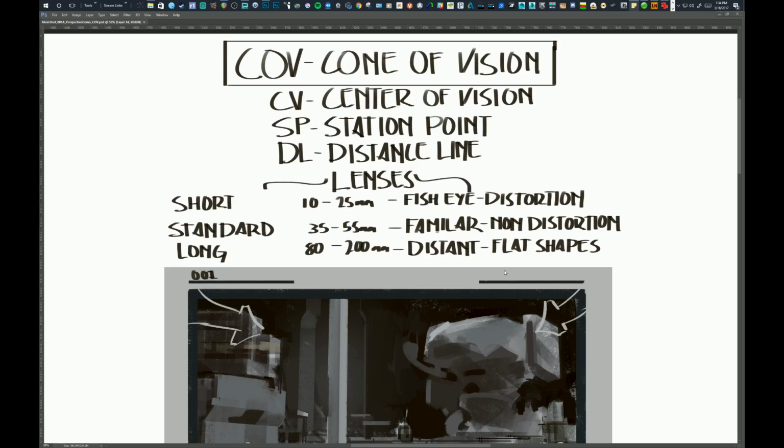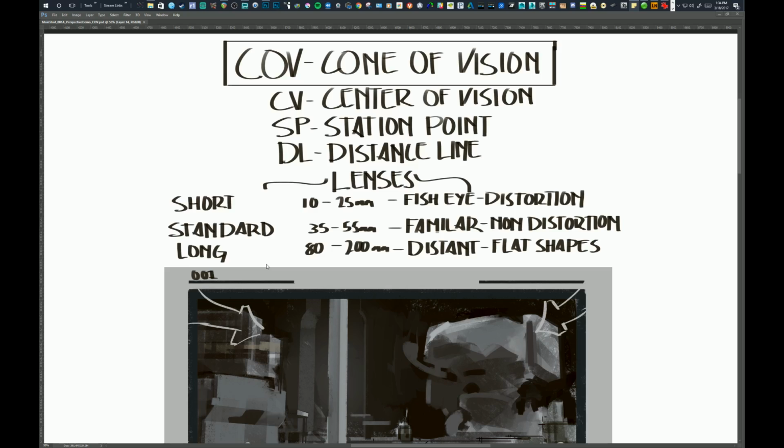So when we create a sketch and we want a specific feeling and we need a specific lens, or we start with an idea and we know that we want to use a specific lens and we haven't created the sketch yet, then we would employ the cone of vision in all of its technical aspects, or estimated aspects, and I'll talk about that in a little bit.